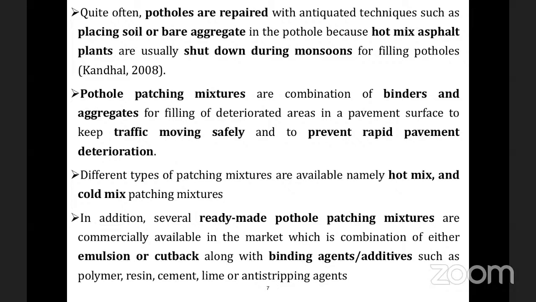Along with hot mix and cold mix, there are several ready-made pothole patching mixtures. What are these ready-made patching mixtures? They are commercially available in the market, and are a combination of binder and aggregates. The binder may be emulsion or cutback. Along with the binder and aggregates, they add some binding agents or additives, which can be polymer, resin, cement, lime, or anti-stripping agents.